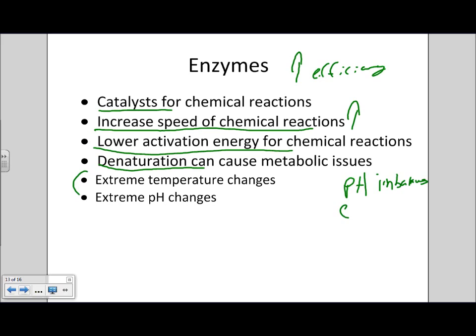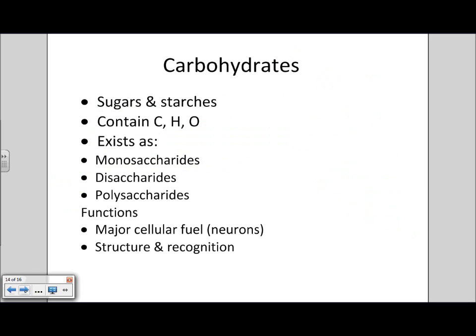If you see extreme temperature changes, you're going to see metabolic issues, whether it's the metabolism of a certain group of cells or the entire body, depending on the temperature change and what you're trying to fight off or the environment you're in. Your metabolism is going to be greatly affected by this. And as mentioned earlier, if we have extreme pHs or temperatures, that will cause denaturation of the proteins.